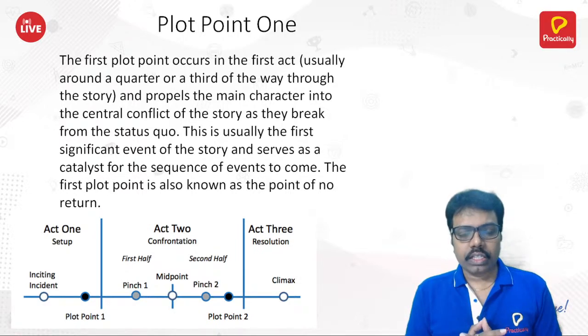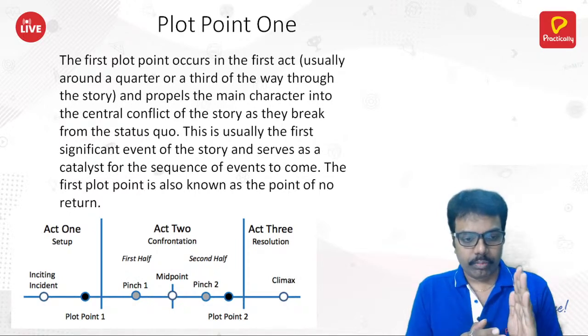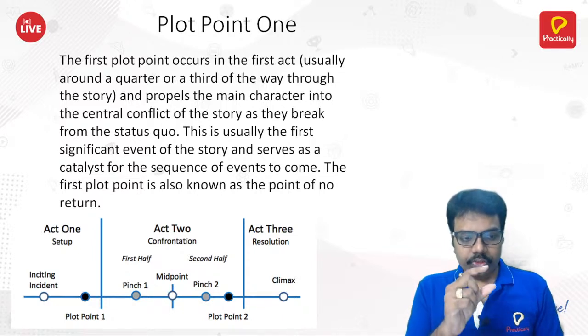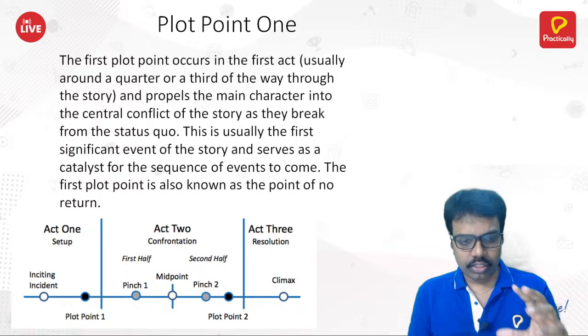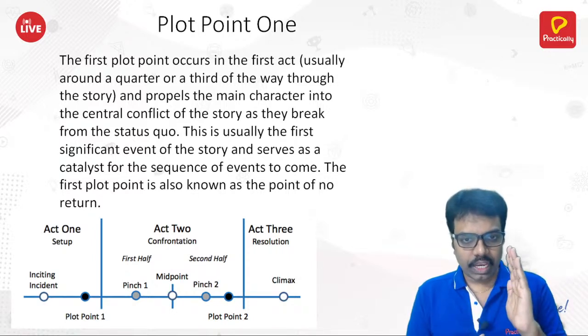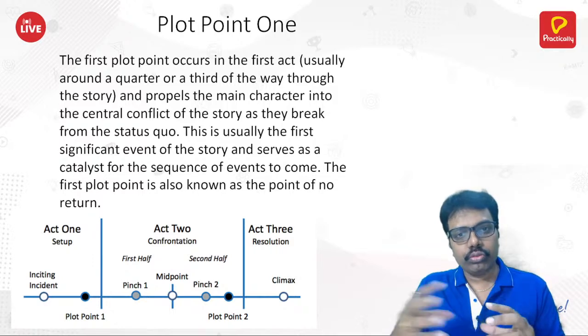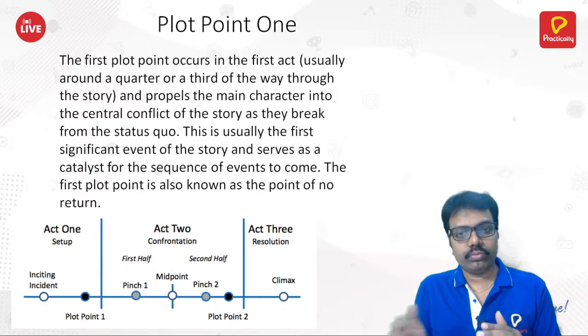Plot point one, from the beginning we call it, is the end of the plot. You can see that in the graph in this one. So act one, there is one bar, and plot point one is the end of act one. Now the hero's journey is going to plot point two, or maybe I can say act two.